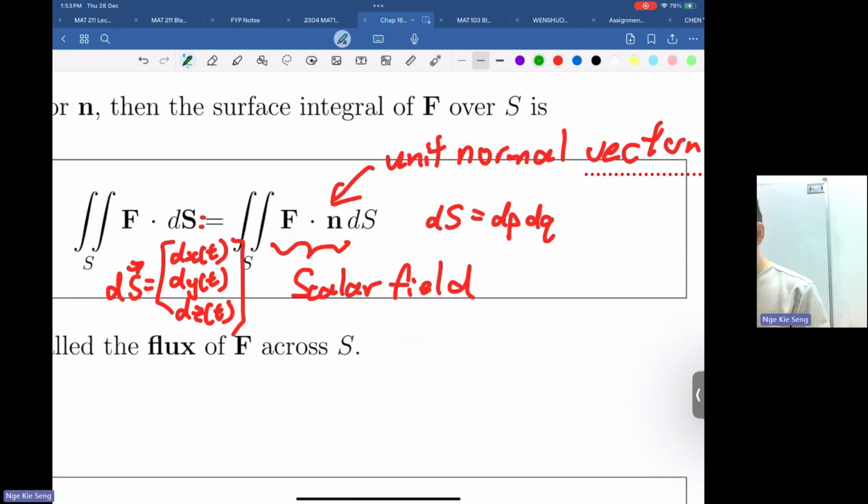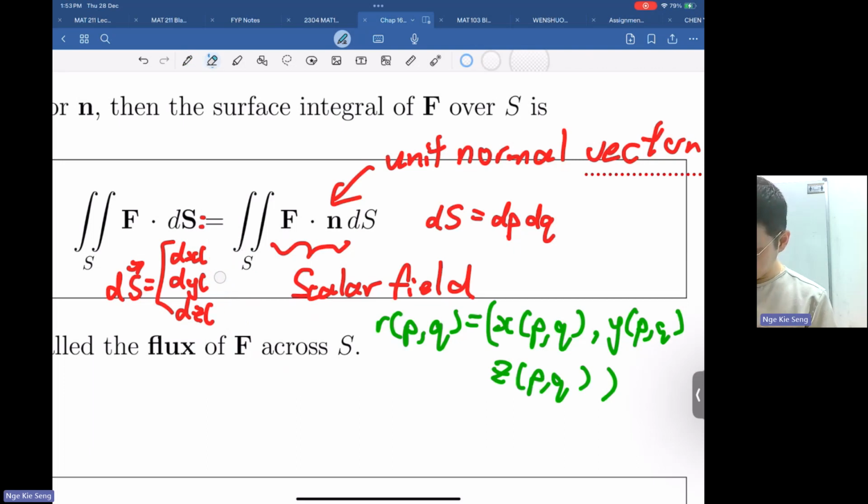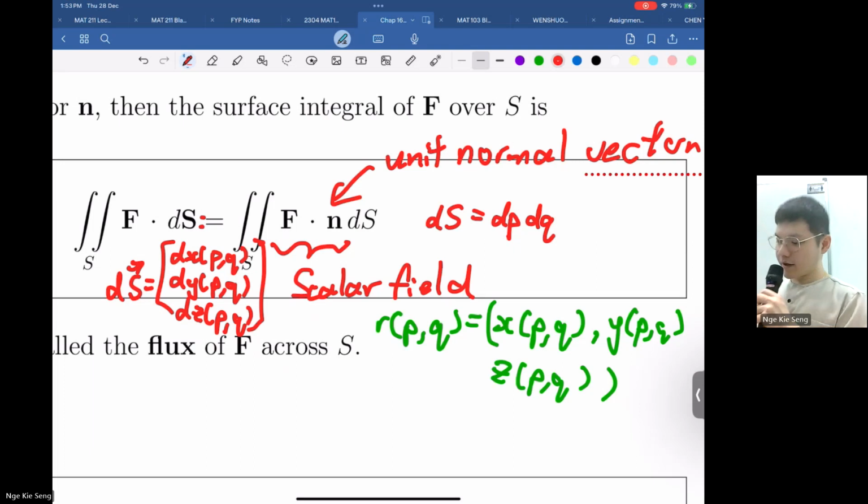R(p,q) equals x(p,q), y(p,q) and z(p,q). So it shouldn't just be t here, it should be p, q.